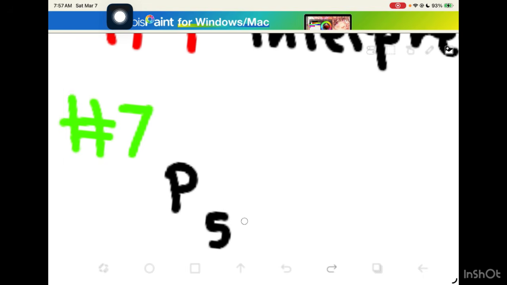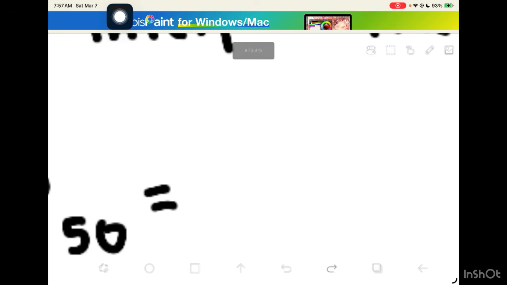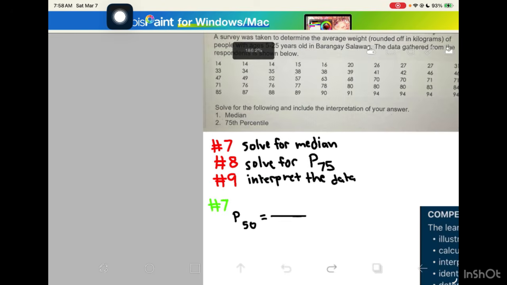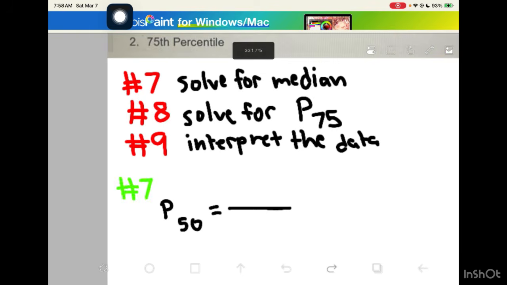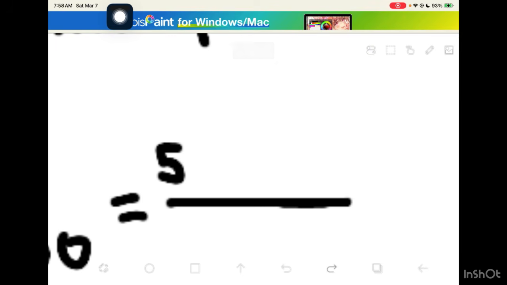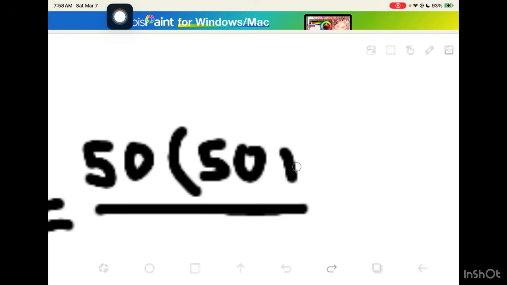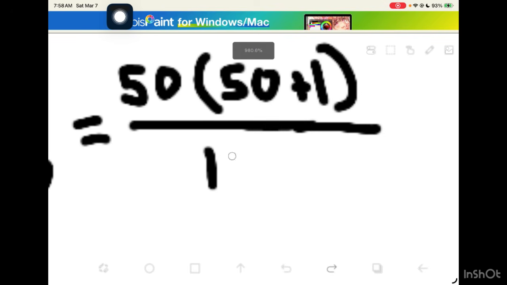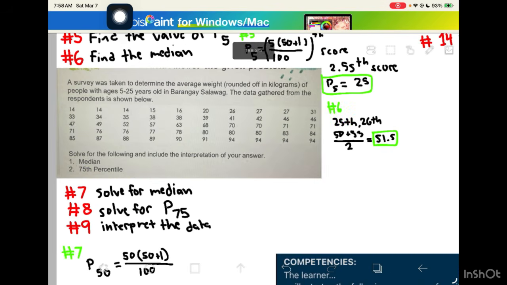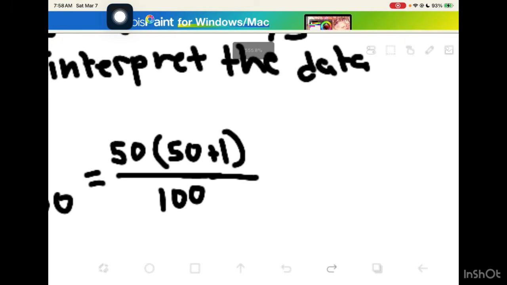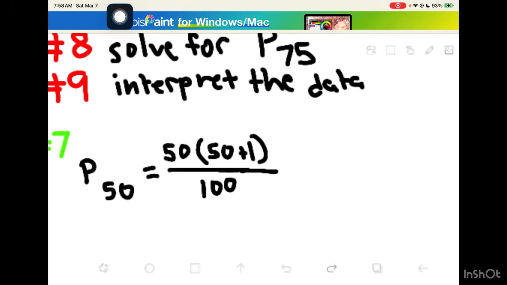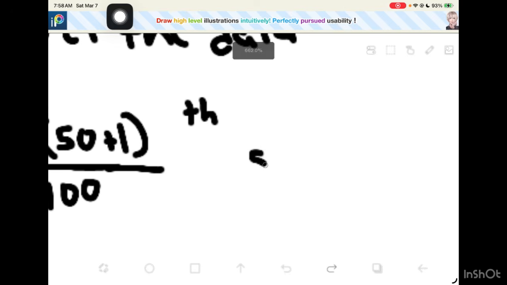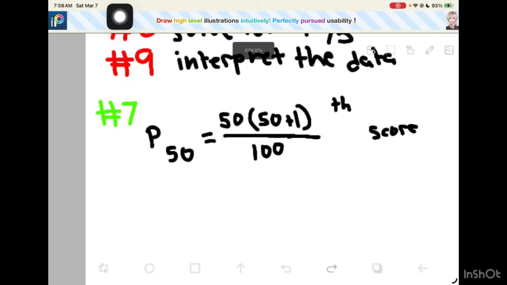So P of 50 is equal to, we have 50 data here, right? 50 data, okay. 50 times 50 plus 1 all over 100. So like I said here, it's the 25th and 26th, so you should get something along the lines between that. So if we simplify this, we get 50 times 51 over 100, which is 25.5.